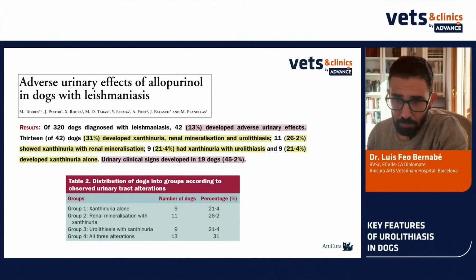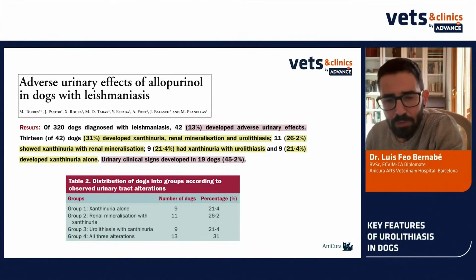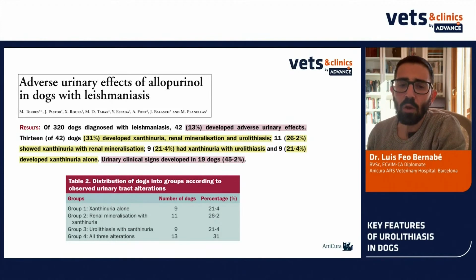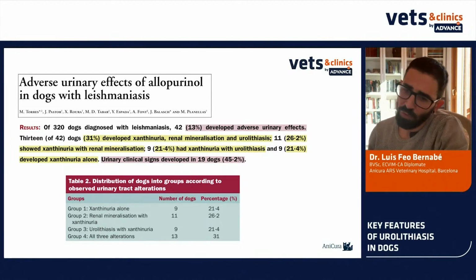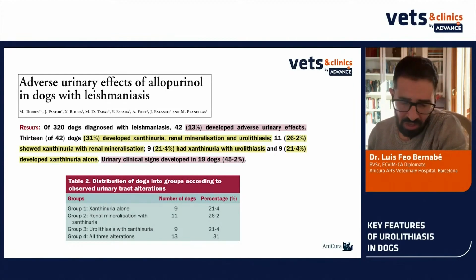And that's very important, because when you are using allopurinol, you need to follow this patient properly, because sometimes they can have really severe clinical signs. Around 50% of the cases with xanthinuria or urolithiasis due to xanthine will develop clinical signs.